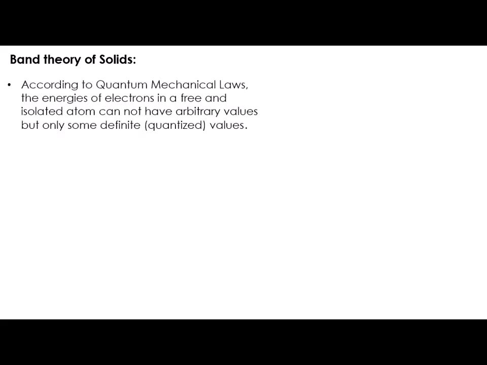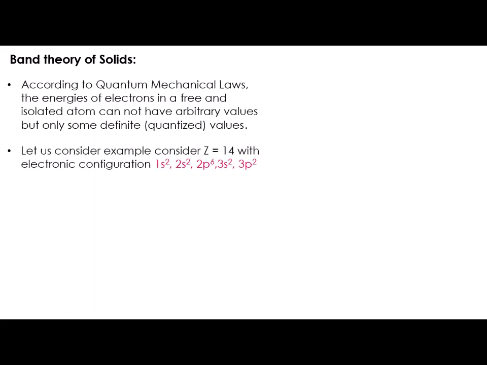To have a physical picture of this, let us consider an atom of any arbitrary atomic number. Let us consider the atomic number to be 14, and the electronic configuration for this atom will be 1s2, 2s2, 2p6, 3s2, 3p2.